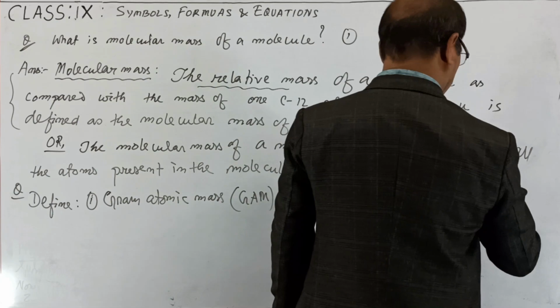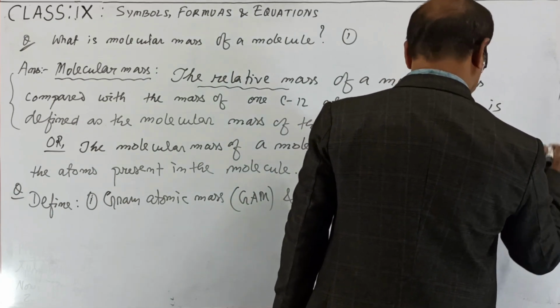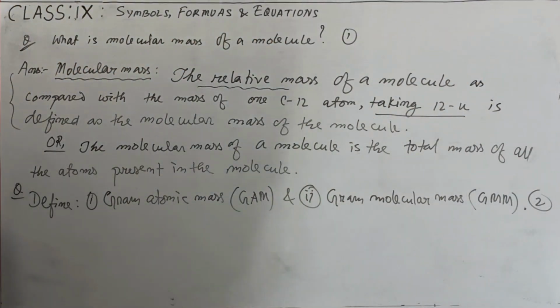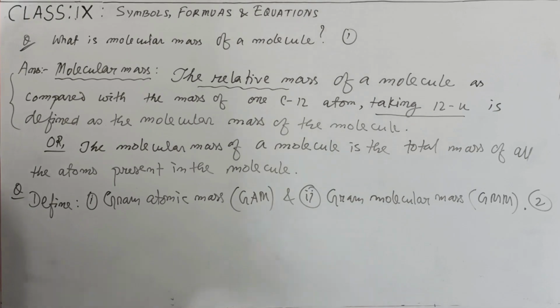You can write in short form like this, GMM. So this is also very important. We are going to use gram atomic mass and gram molecular mass very frequently for the remaining part of this lesson. So let us see, what are gram atomic mass and gram molecular mass?